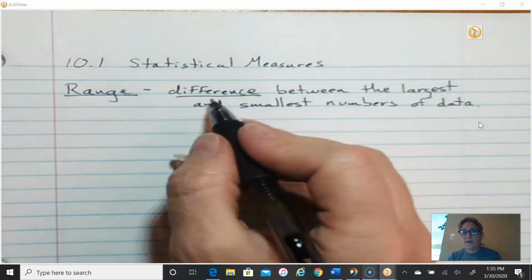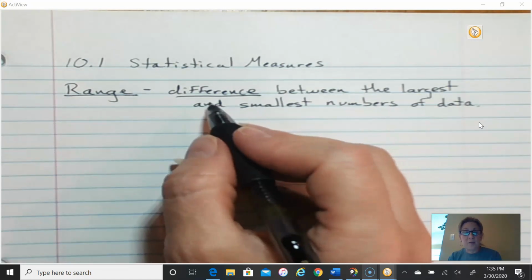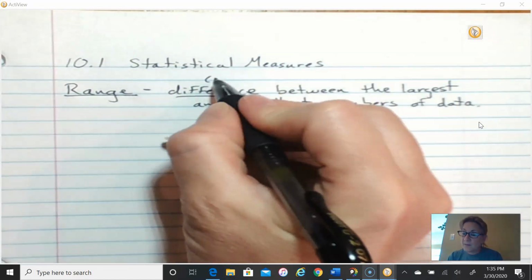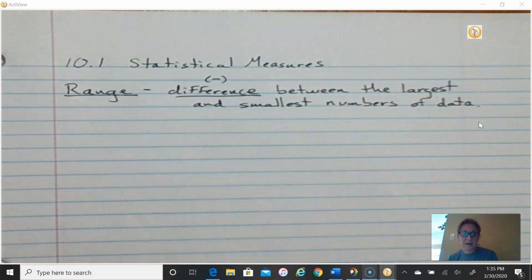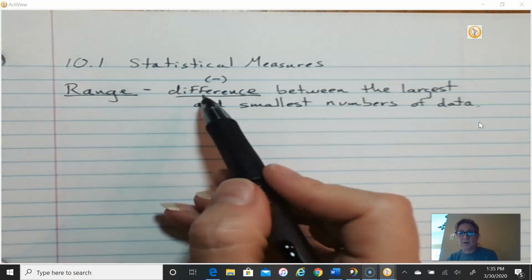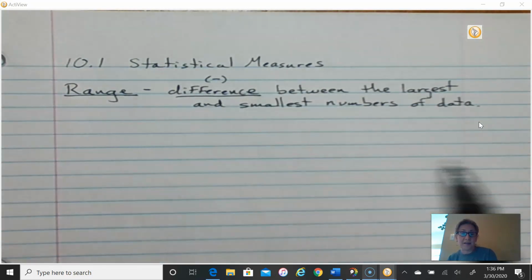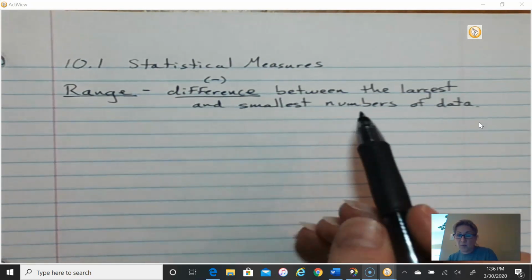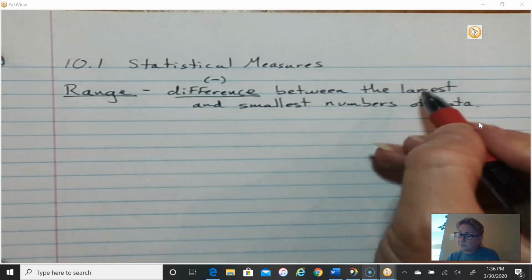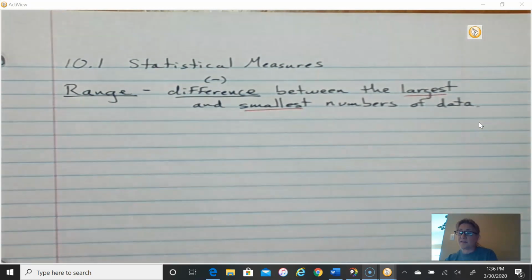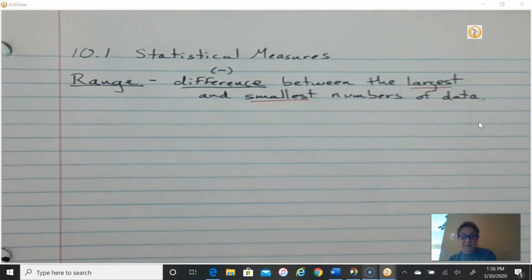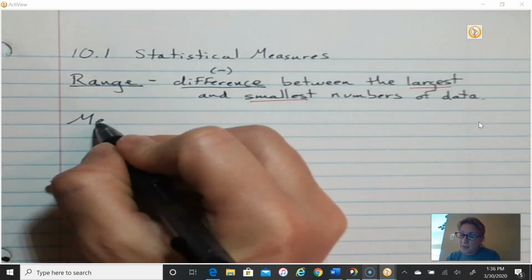Difference. What does difference mean? Do y'all remember? It means subtraction. Okay? So when they're talking about difference, they're talking about subtraction. That's how you find it, okay? Between the largest and smallest numbers in data. Okay? All right, mean.